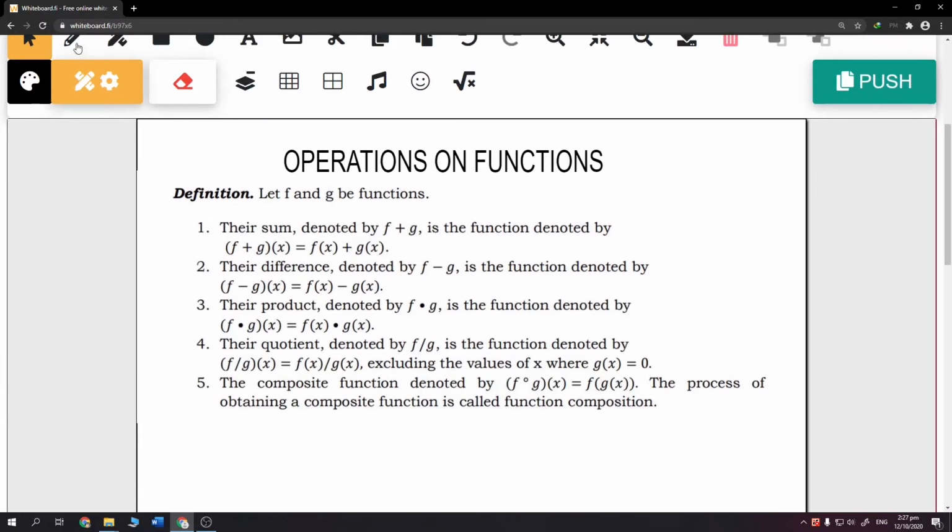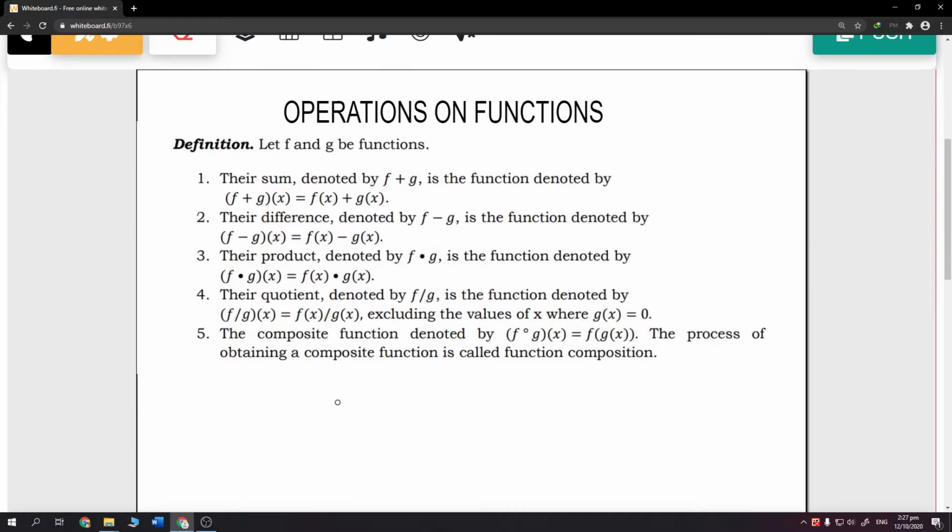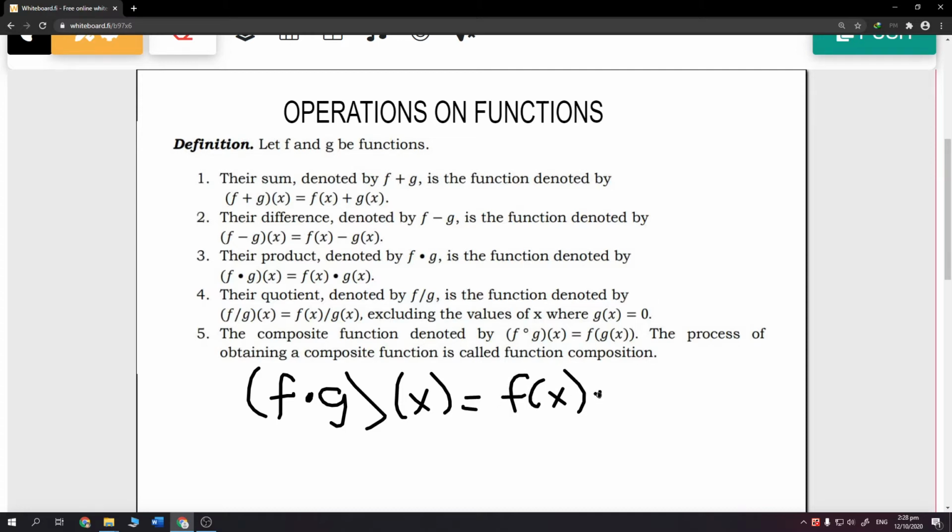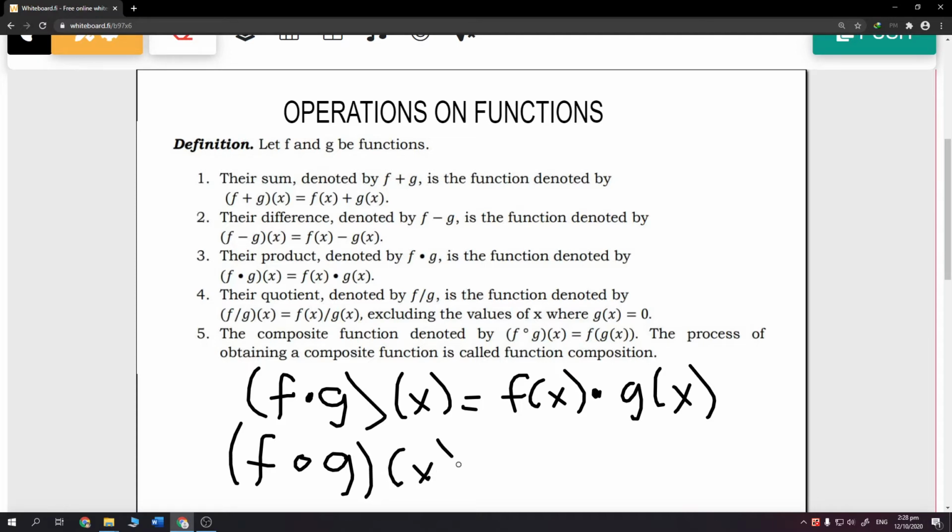I would like to clarify the difference between (f times g)(x), which is equal to f(x) times g(x), whereas the composite function (f of g)(x) is equal to f(g(x)).